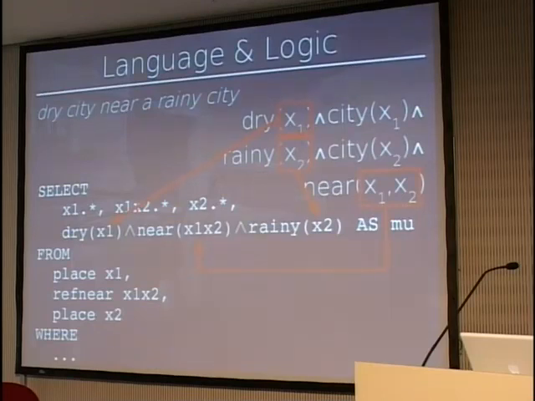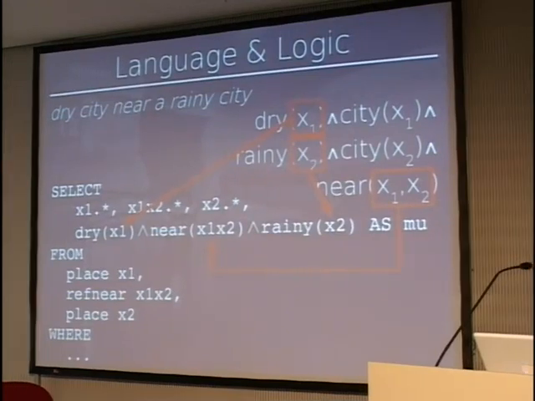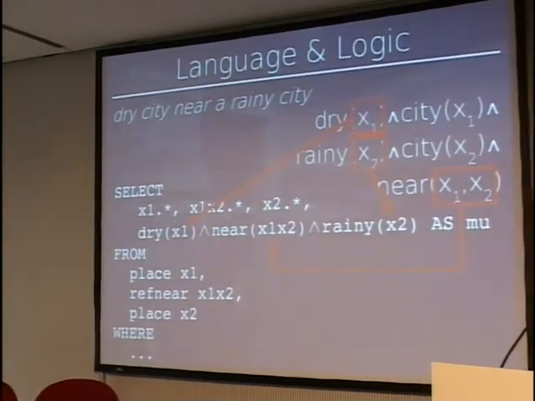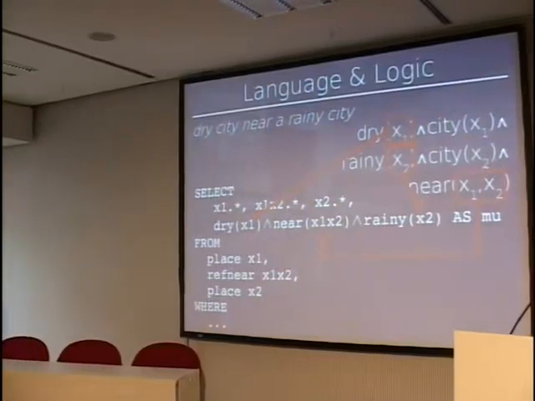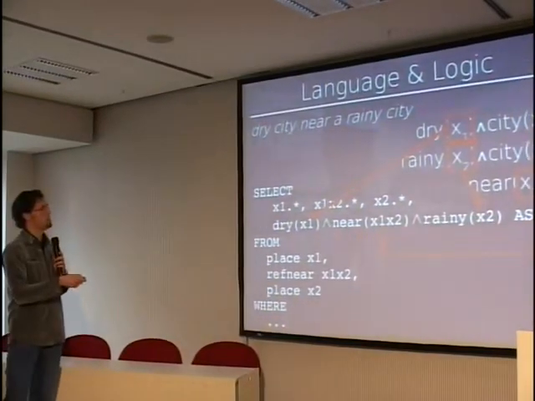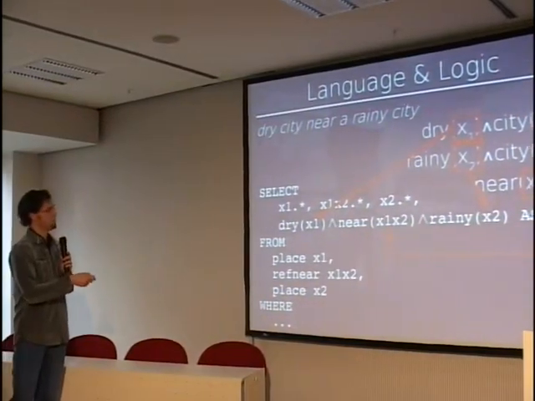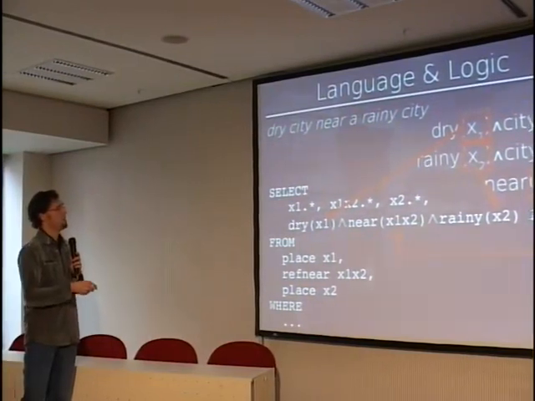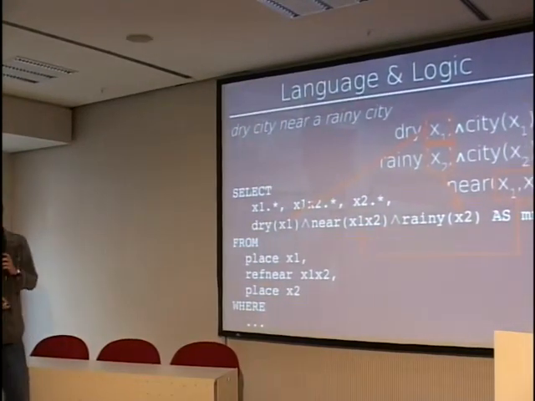But nowadays this stuff is pretty robust and broad coverage, so you can more or less use it out of the box. You give it an expression, dry city near a rainy city, and the LKB will automatically figure out what entities are involved. There are two things involved, x1 and x2. x1 is a city, x2 is a city. x1 is dry, x2 is rainy, and x1 is near x2.